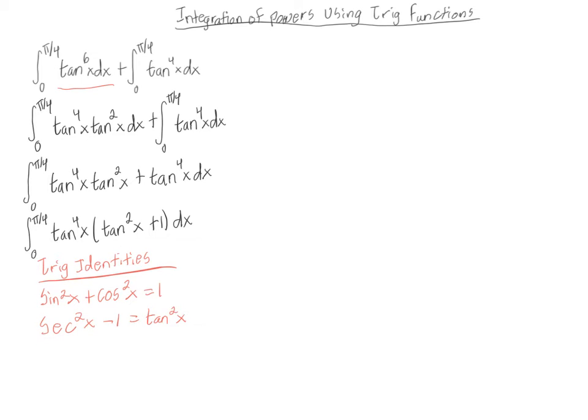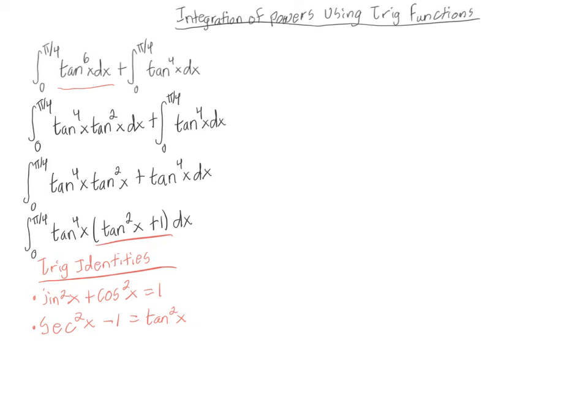So now, what trig identity would we use from these two to identify our identity over here? We know that tangent squared x plus 1 is equal to secant squared x.